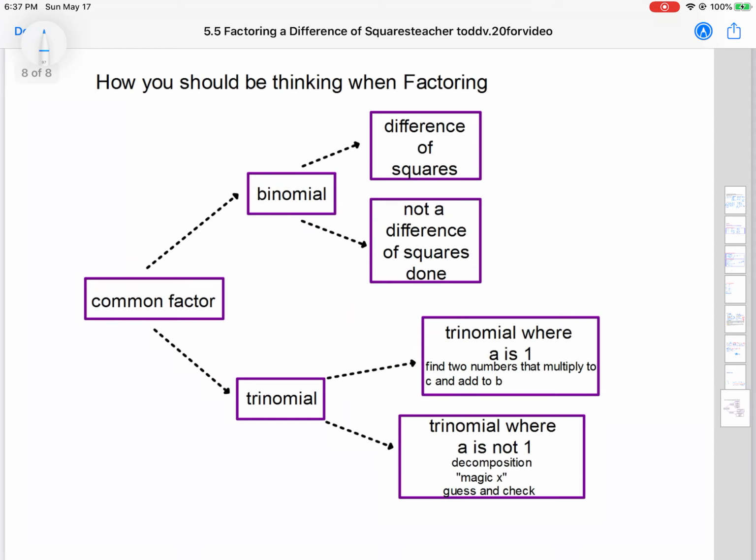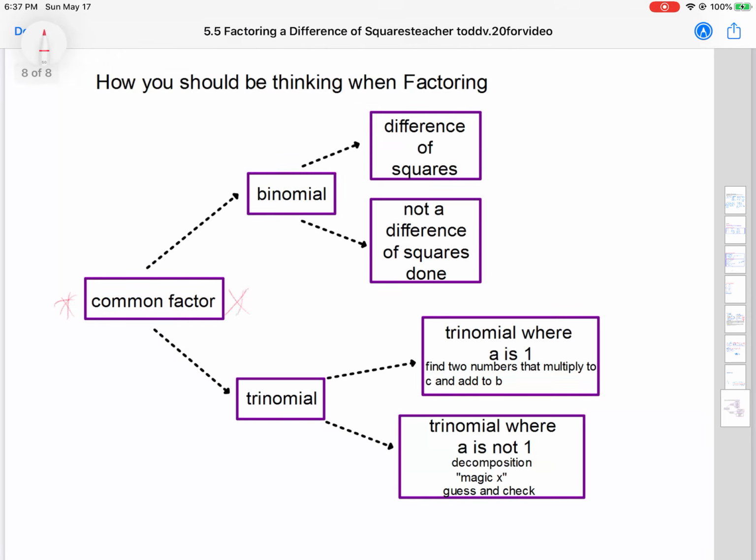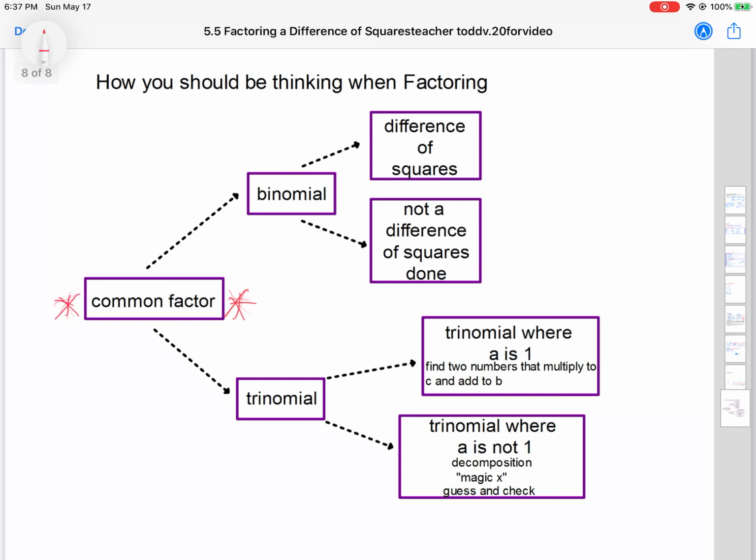So now this last page here has sort of a factoring flowchart, I guess, if you like that kind of thing. So always common factor first. Sorry, that's not very good, is it? Trinomial means 3 terms. Binomial means 2 terms. Okay, so then when you have 2 terms, is it a difference of squares?